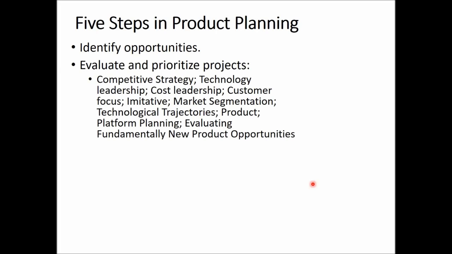So, the 5 steps in product planning. First, the product planning process starts with identification of opportunities. That is what we just discussed. And then evaluate and prioritize projects. You can evaluate products based on various requirements: the company strategies, technology availability, the amount of money that you can spend on it, and the customer focus.